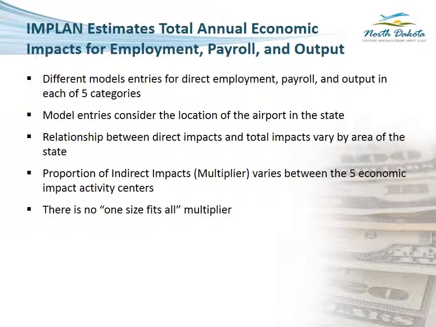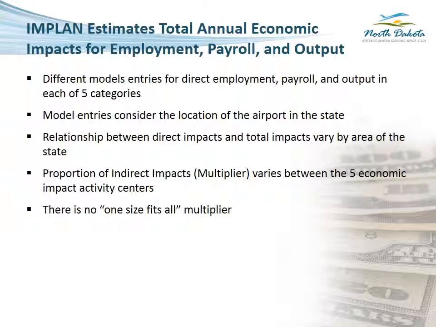In the process to estimate each airport's total annual economic impact, inputs were made into the IMPLAN Model for employment, payroll, and output. Separate inputs were made for airport management, airport tenants, capital investment, and both categories of visitor spending. Within each of these categories, sub-inputs are also needed. Each entry made by the modeler considers the type of input and the location of the direct impact within North Dakota.